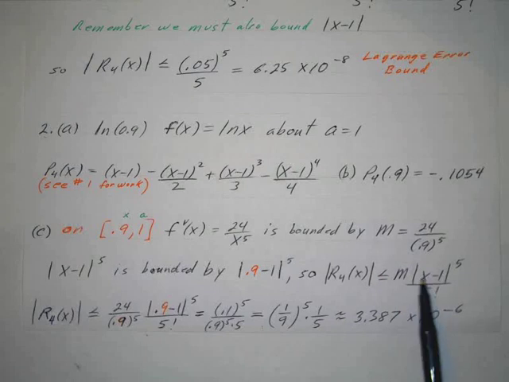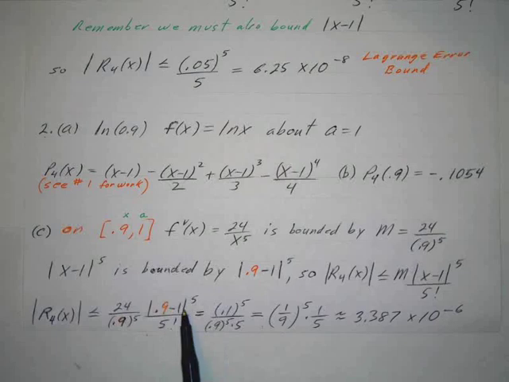So this is my error is less than m, (x minus 1) to the 5th power over 5 factorial. Similar to what we had in number 1. So there's my 24, and there's my 0.9 to the 5th. Okay, that was my m. And then the maximum of this is going to be |0.9 minus 1|, the absolute value, to the 5th over 5 factorial.